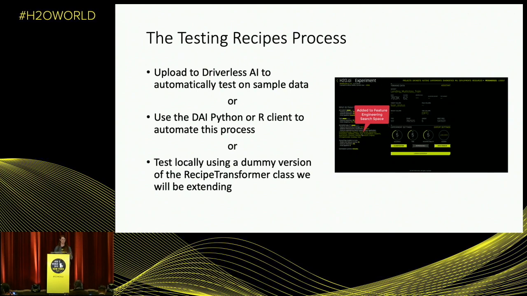That's a nice way, because you don't have to point and click and upload. You can just make changes and quickly iterate. And if you want to test locally, we are going to extend the base class of the recipes, which is what we'll look at, and there are dummy versions so you can run that on your local machine without Driverless. Those are the three main ways for testing.